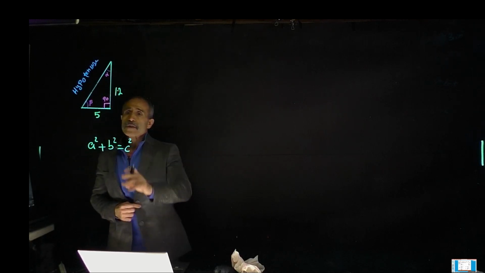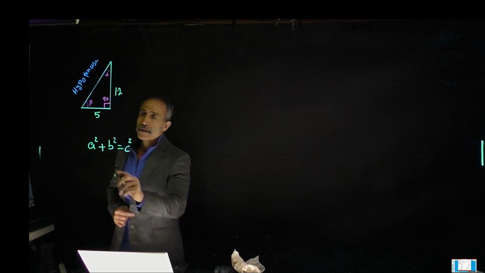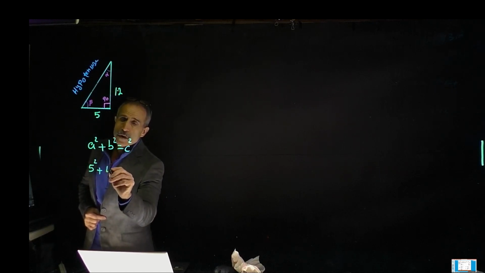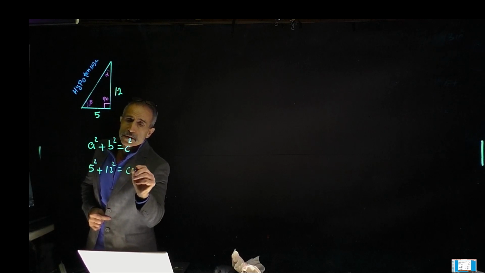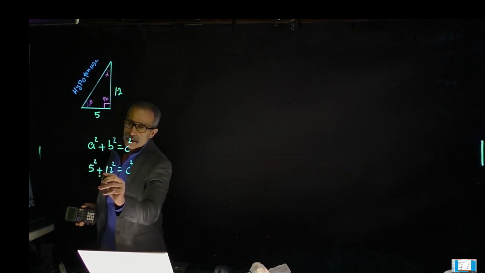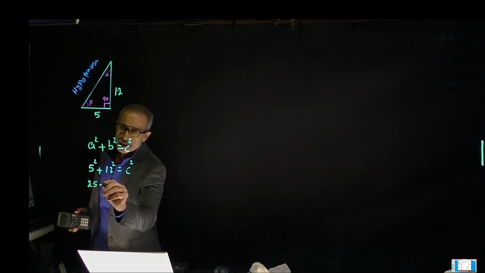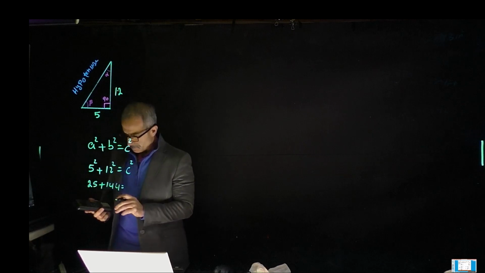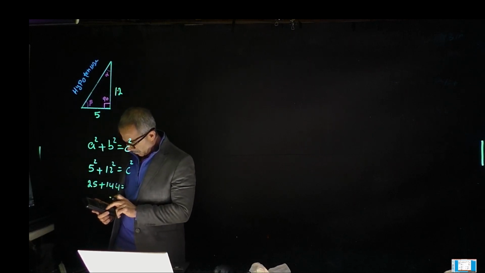First I'm going to use the Pythagorean theorem. 5 squared plus 12 squared equals c squared. That becomes 25 plus 144, which comes out to 169.